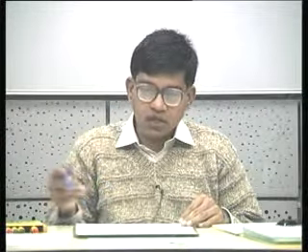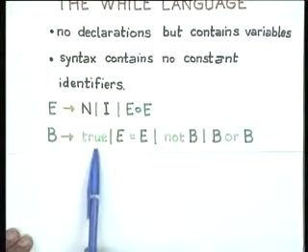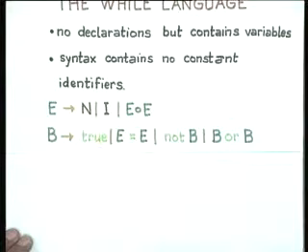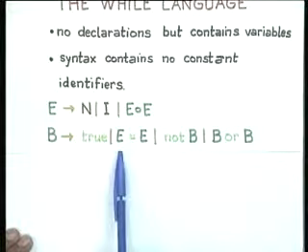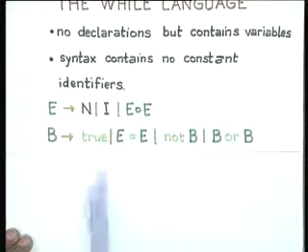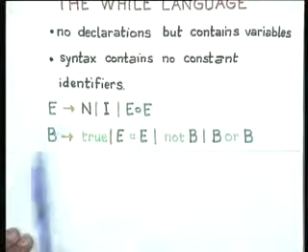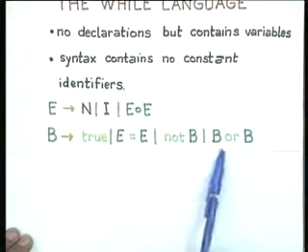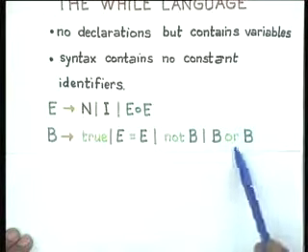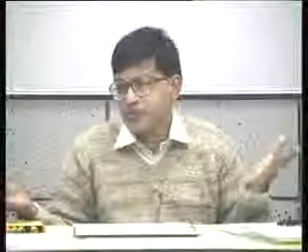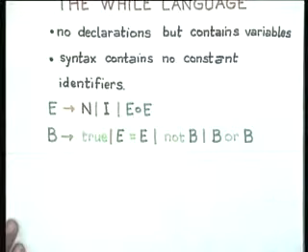I'll just assume that there is a Boolean constant in the language called true, and the only kind of Boolean expression which consists of integer expressions is an equality checking expression. Otherwise you can have negation or disjunction. I just chose OR because you have to choose one binary operator. The rest is simple: one unary operator, one binary operator, and one constant.